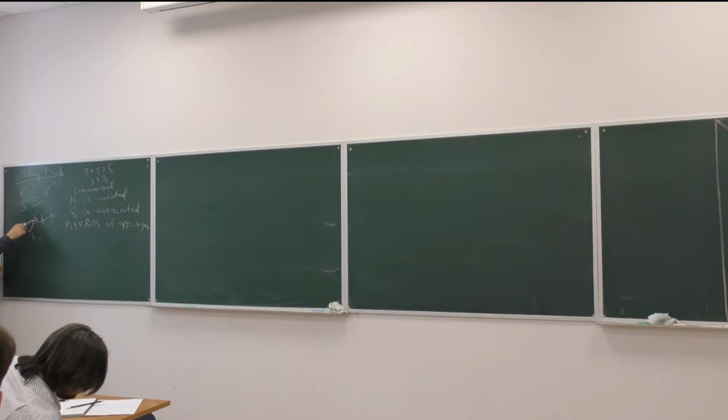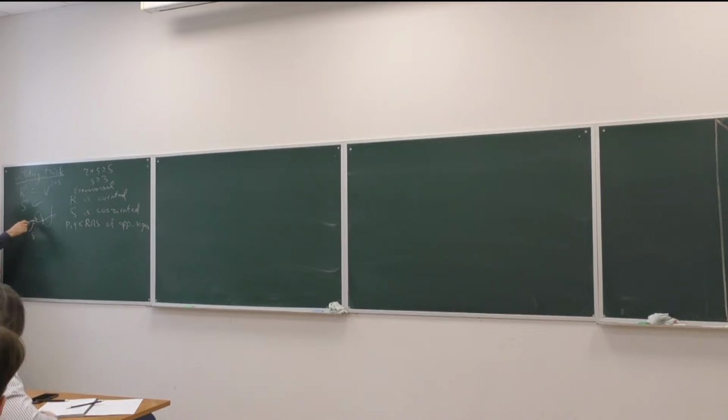And I require that both of these paths do not go through other intersection points, so no other intersection points here. So this loop is a union of these two paths.